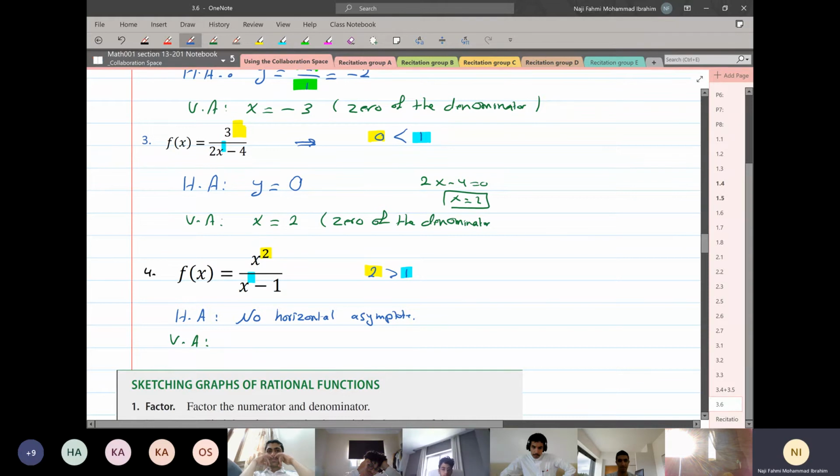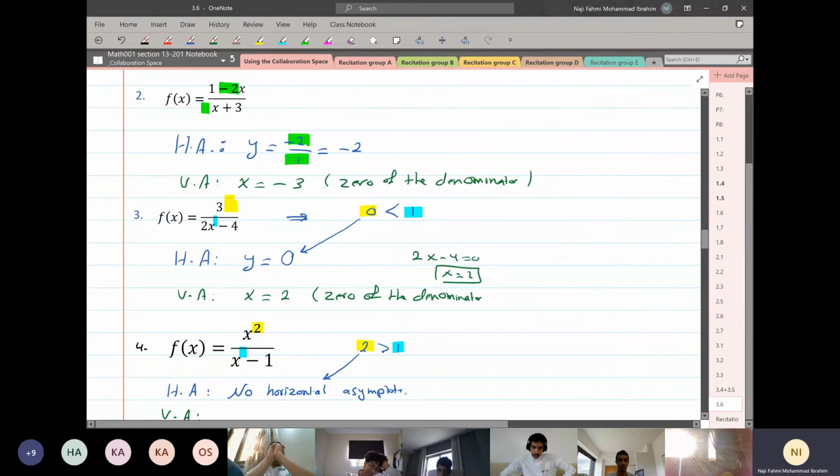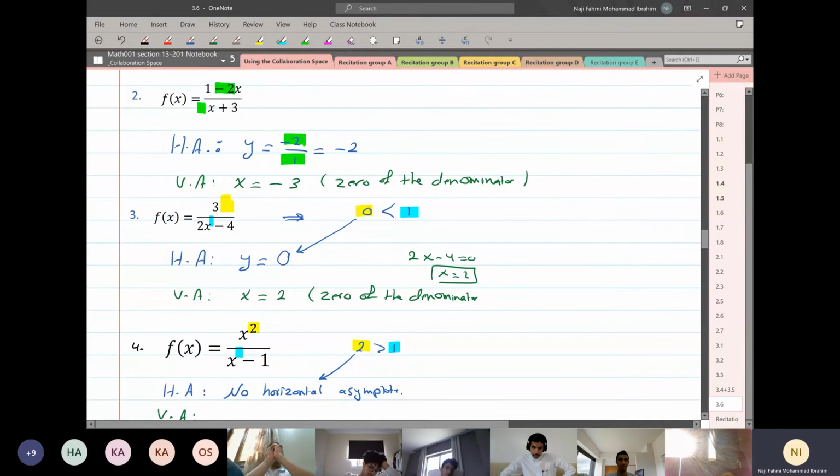And if the degree is less, I use y equals 0. And if the degree is greater, we say no horizontal. And if they have equal degrees, as you can see in part 2, we say leading over leading. So these are the 3 cases for the horizontal asymptote.